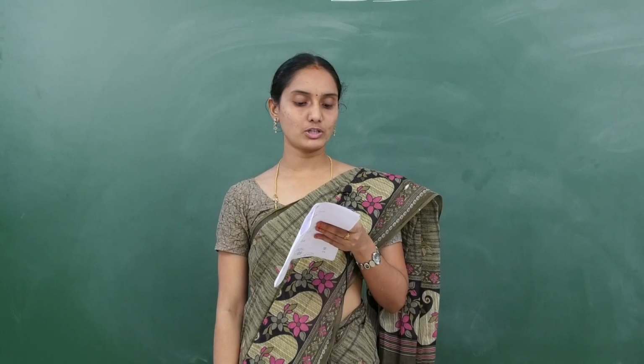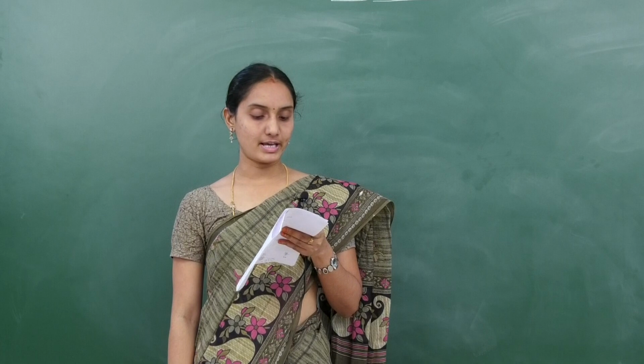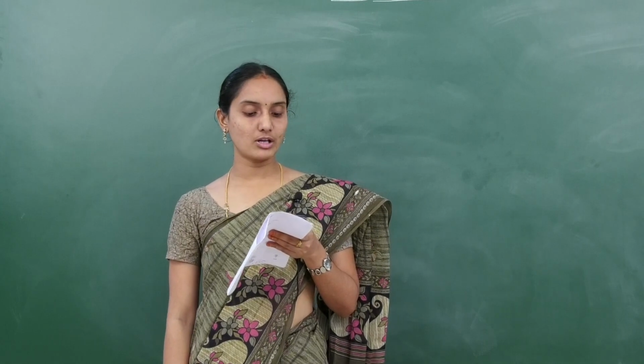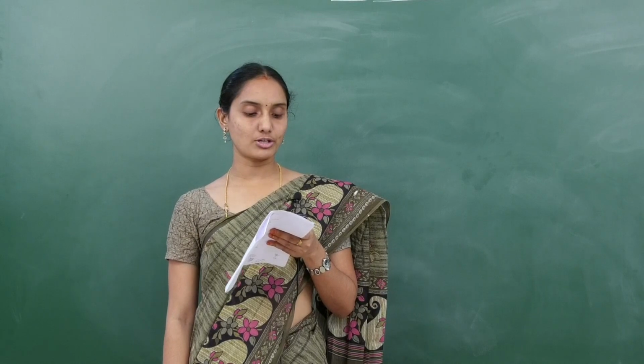Next, the sixth question given in the worksheet, children: 250 ml of sodium carbonate solution containing 2.65 grams of Na2CO3 is taken. If 10 ml of this solution is diluted to 1 liter, what would be the concentration of the resultant solution?